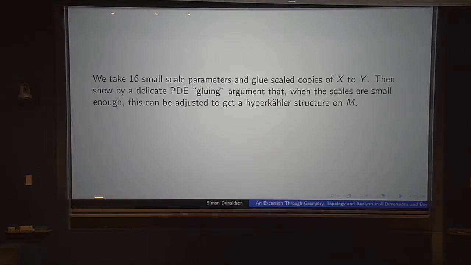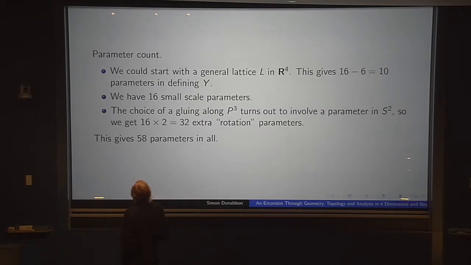And that will involve first doing as best you can by hand, pasting them together, and then using an analysis and differential equation argument to show you can slightly adjust things to exactly solve the nonlinear partial differential equations. So anyway, that's the outline of one way of producing these Hyperkähler structures.